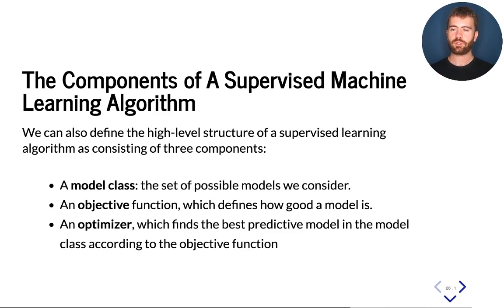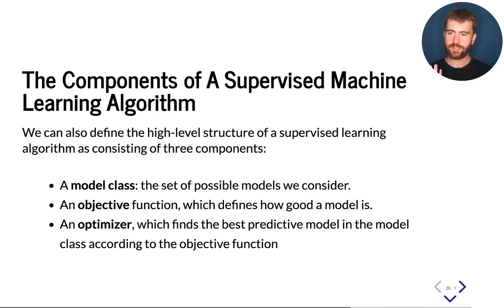You can think of the model class as the set of all the possible models that we could infer from the data. These are all the different ways in which we can map inputs to outputs. A typical learning algorithm does not consider the set of all possible mappings, but it restricts them to a particular set that have a particular form, such as the linear models that we saw earlier.